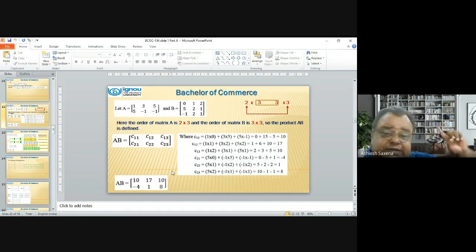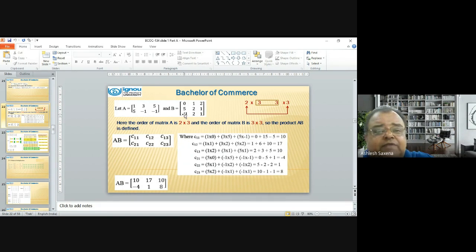Now pay attention. 1 is multiplied by 0. I'm talking about C11. Each element over here will be multiplied by every element over here. 1 into 0 plus 3 into 5 plus 5 into minus 1.